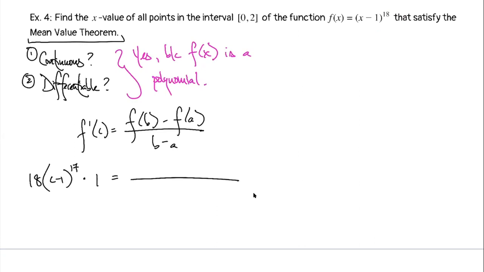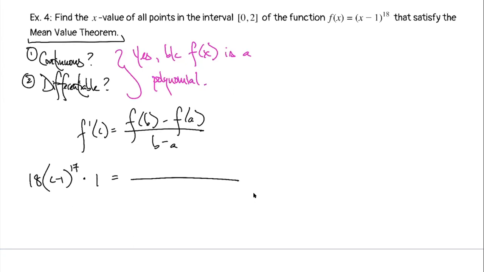Now, what numbers can I plug in for a and b on the right-hand side? Yeah, we can say that b is going to be 2 and that a is going to be 0.